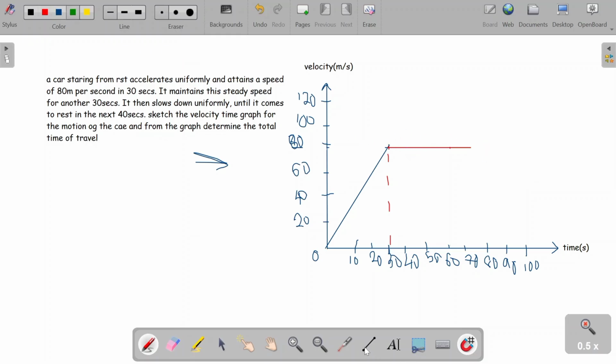Now it then slows down uniformly until it comes to rest in the next 40 seconds. So before that, let me actually draw dashed lines too. Oh, this is 60. So let's clean off this part.